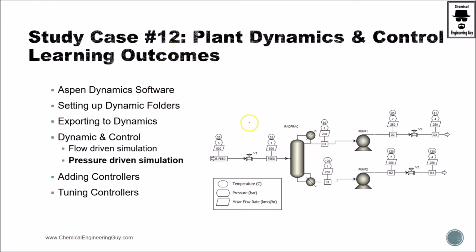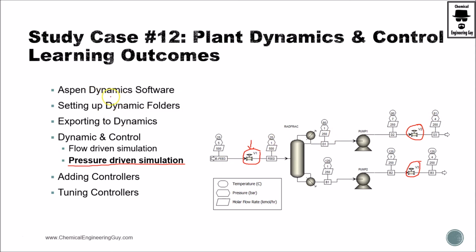Finally, but not least, because this is a huge topic, plant dynamics and control. What we're going to do here is convert our simple simulation. As you can see, we have these valves right here, just to ensure that this is a pressure-driven simulation. If you know a little bit of dynamics, you will see that this will be controlled by opening and closing the valves.